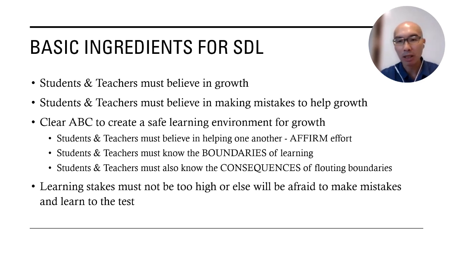Thirdly, I also believe in creating a safe environment for our students to grow. Why is that so? For example, if I want to grow an apple seed into an apple tree, and if I were to plant the apple seed into soil that is unfertile and dry, it will be impossible for the seed to germinate and grow into an apple tree.